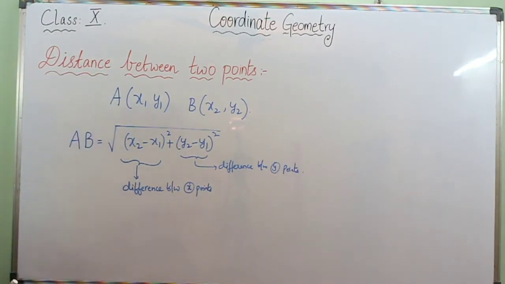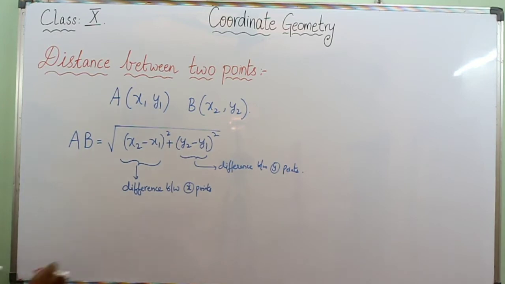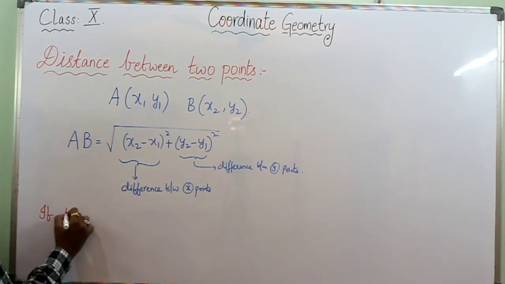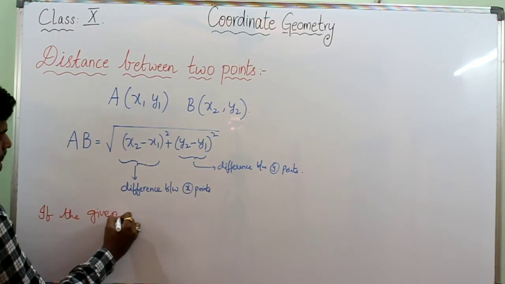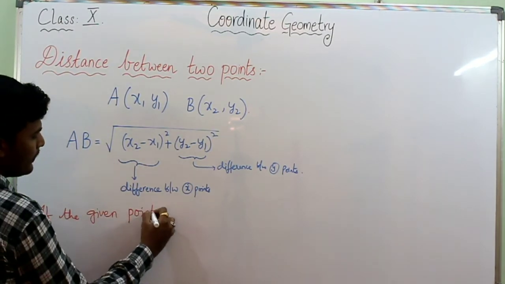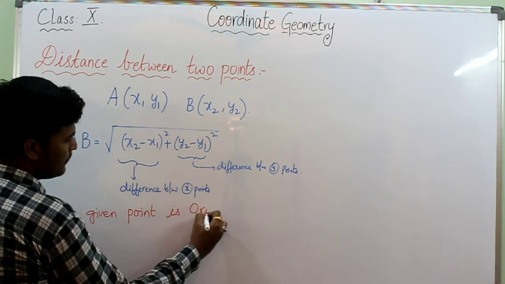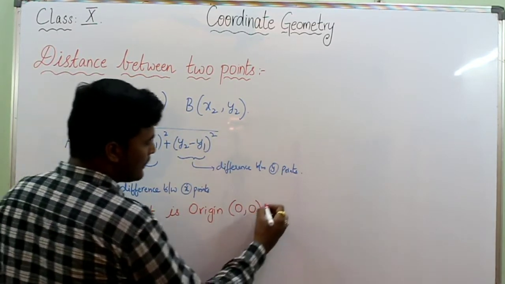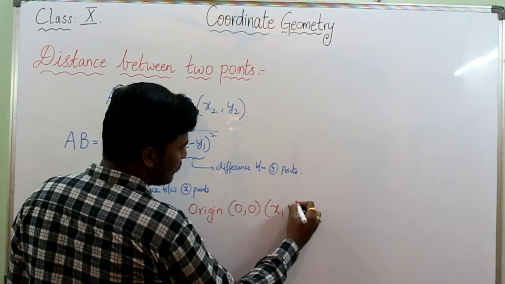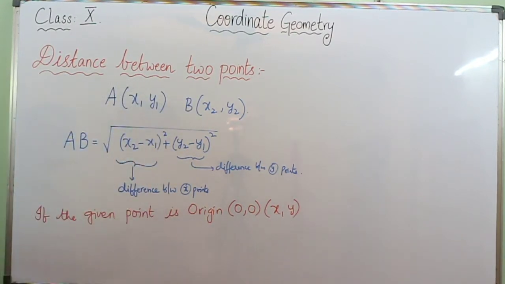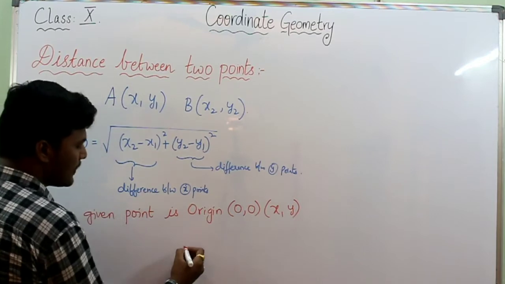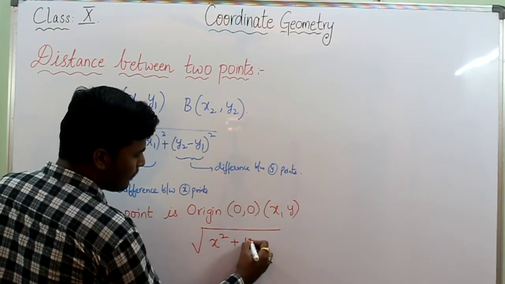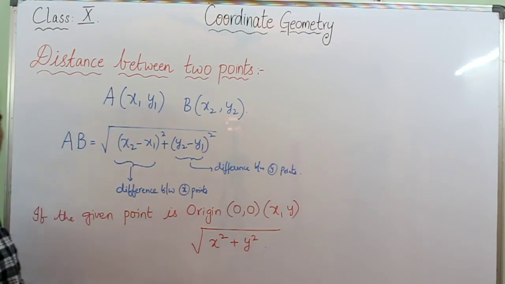Okay, and suppose if the given point is origin, that is (0, 0), and the other point is (x, y), then the distance between 2 points is given by square root of x square plus y square directly.